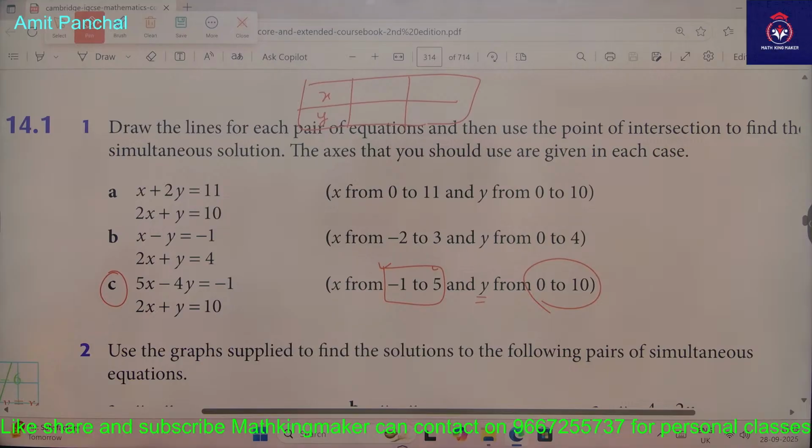If you put x as 1, that will also be in decimal. If you put x as -1, that will not be in decimal. Just put x as -1 in the first equation. -5.